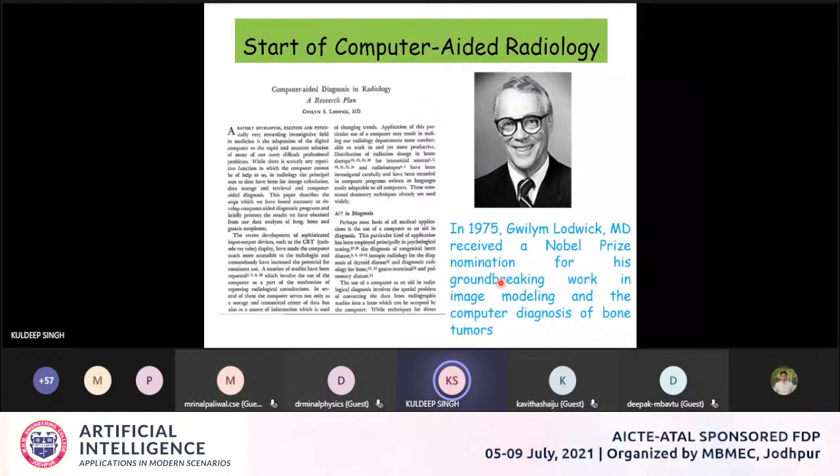For this particular work, he received a nomination for the Nobel Prize. He worked in image modeling and computer diagnosis of bone tumor with the help of computer-aided radiology. So that was the inception of computer-based diagnosis of medical imaging, the start of medical image analysis using computers.